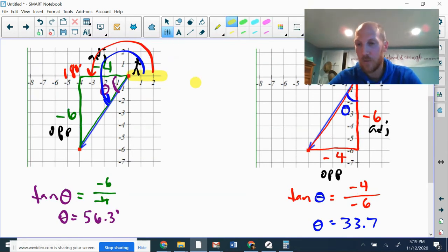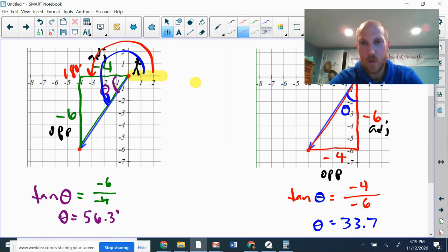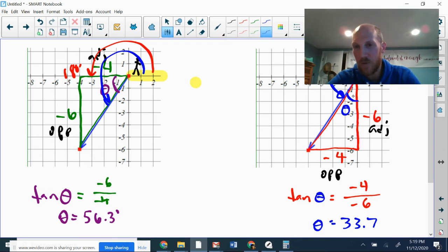Okay, so direction angle is measured from the positive side of the x-axis. So that's the rotation I'm looking for. Okay, so this time the side of the triangle that I've measured from is a larger rotation.